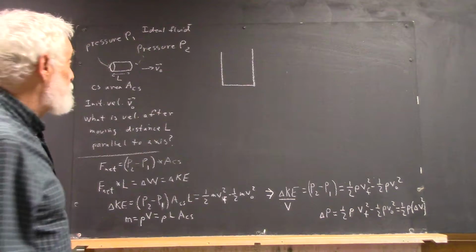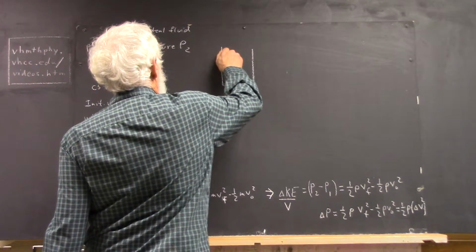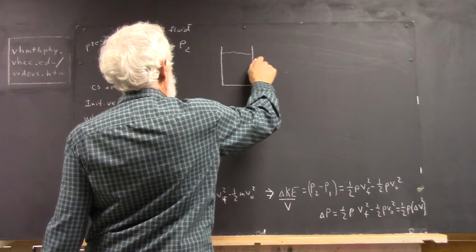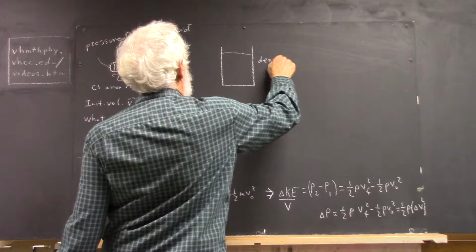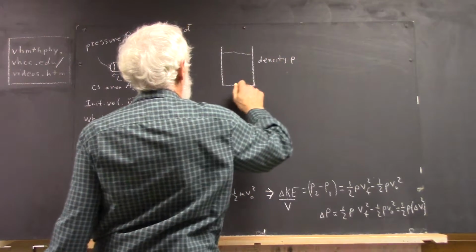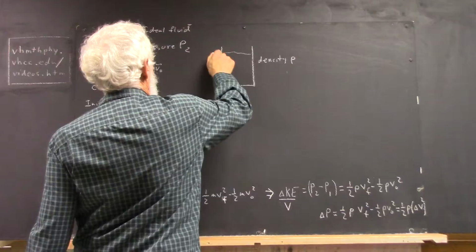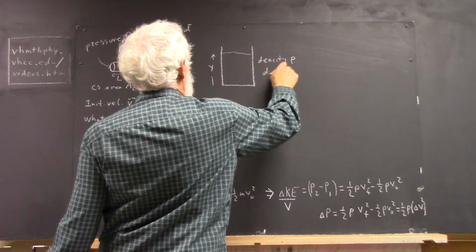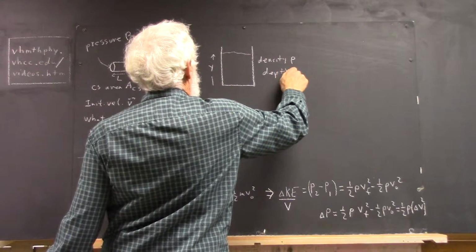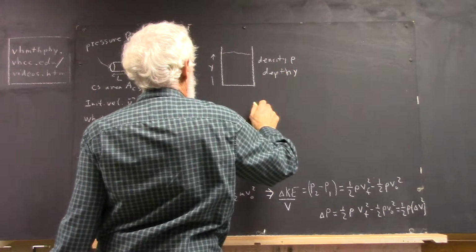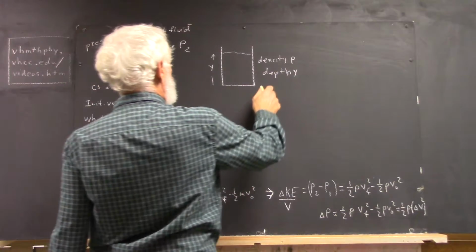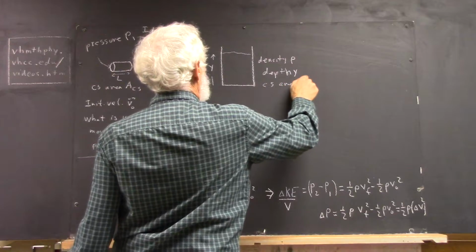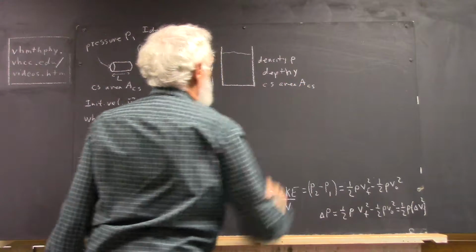So if you've got this container and you've got some fluid of density rho, and the depth is Y, and cross-sectional area ACS.